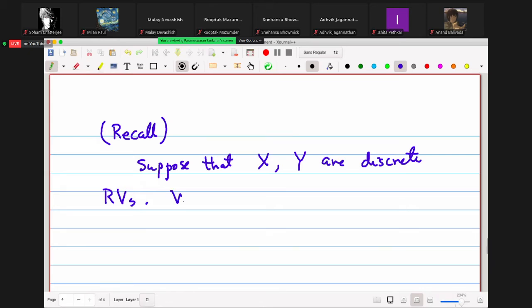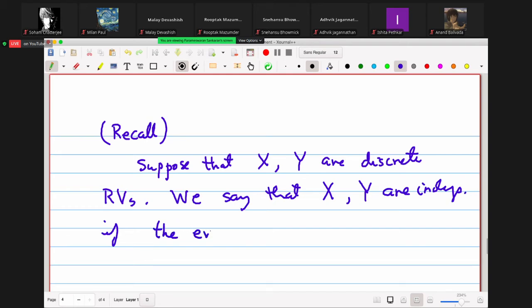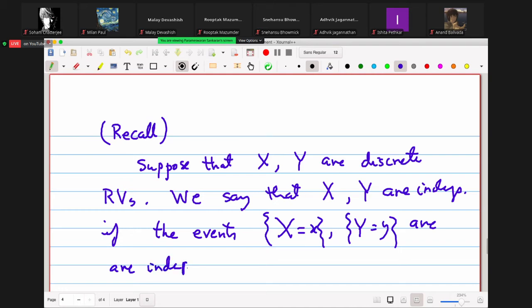We say that x and y are independent if the events x equals x, y equals y are independent. You know what this means, right? For all x, y.